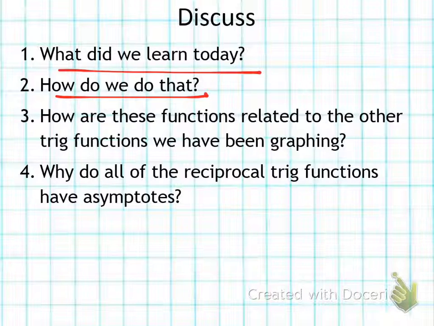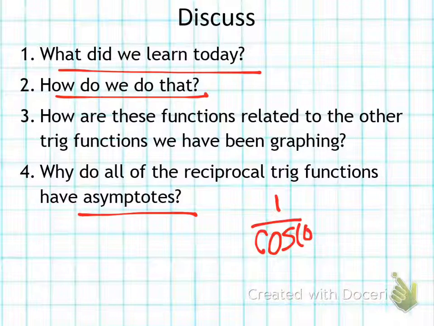Then why do all of the reciprocal trig functions have asymptotes? You notice this, right, as we're graphing, cosecant, secant, and cotangent all have asymptotes. And that's really just because they're reciprocal trig functions, so they're always dividing by a trig function. So, for example, let's look at secant, which takes 1 divided by cosine theta, or cosine of x.